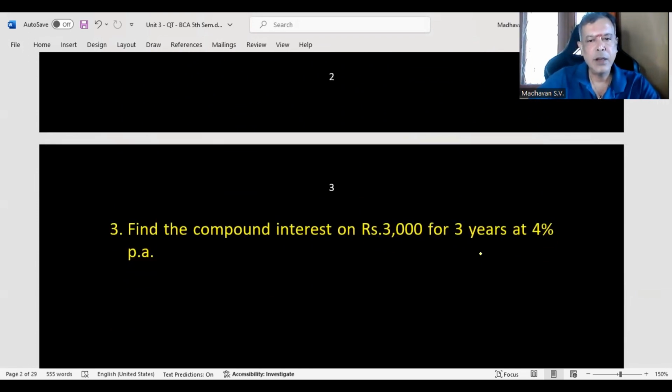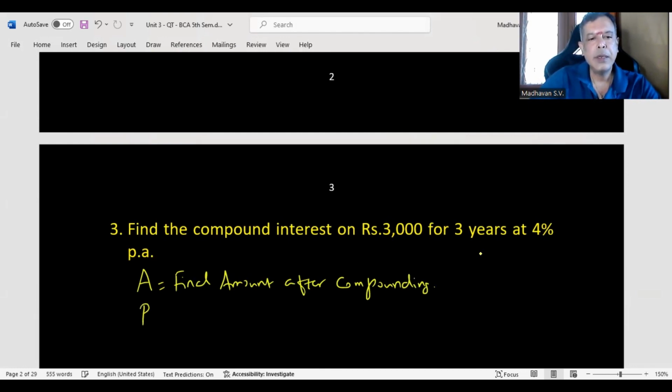Next is find the compound interest on rupees 3,000 for 3 years at 4% per annum. First of all, the final amount, that is A, we'll say final amount after compounding. Then P is principal.